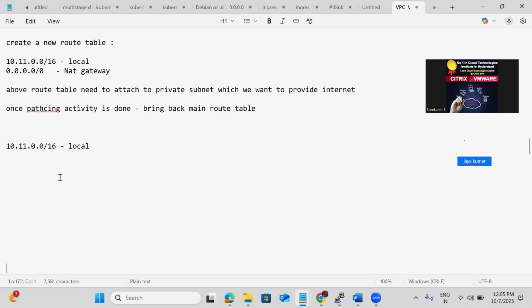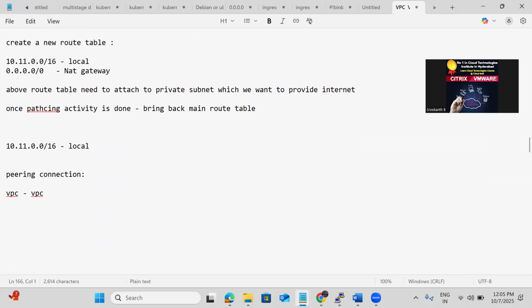Then here we have one more concept called peering connection. If we go for peering, we have two VPCs, and by default communication does not happen between two VPCs.